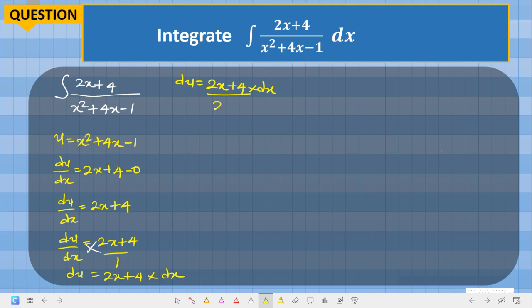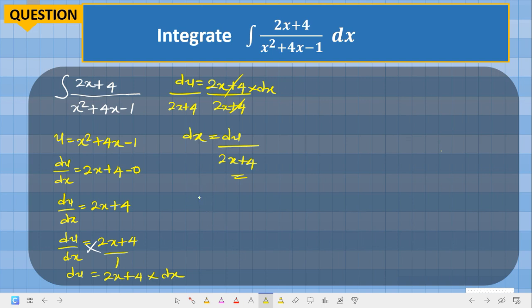To make dx the subject of the formula, divide both sides by 2x plus 4, and this cancels this. Your dx is du all over 2x plus 4.